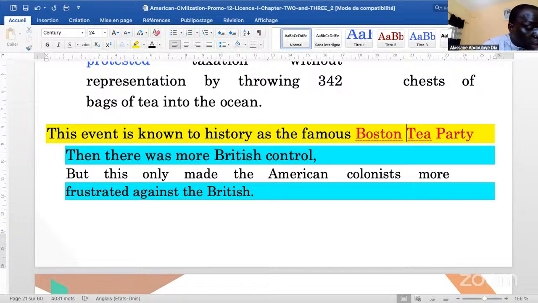The same situation. So they wanted to impose taxes, and the American colonies, the inhabitants of the colonies, did not want to pay those taxes. And they started saying taxation without representation. And as a way of demonstration, it means manifestation, some protesters went to say taxation without representation.